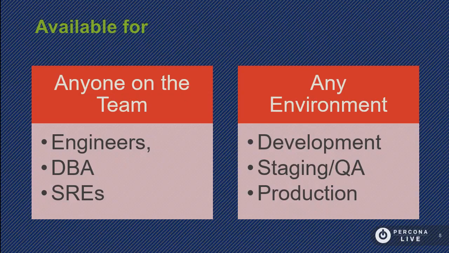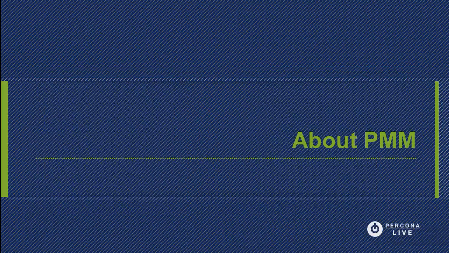We see a lot of people saying, hey, we can maybe buy this commercial thing for production, but not for the development environment, or at least not for staging, and of course not for developers who are doing a lot of development right on their laptops these days. We can't really buy the complete set of tools for everyone. Being free, open source, and easy to use allows us to solve those problems.